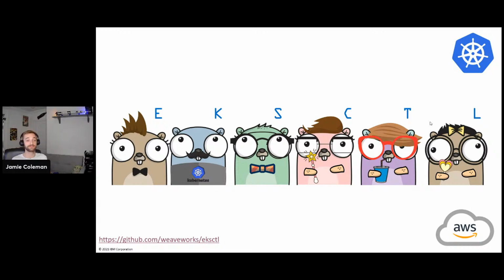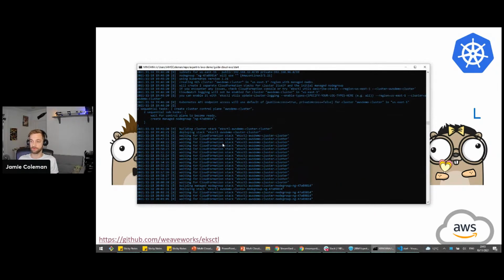So that's where this program comes in, EKSCTL. Basically what it does is abstract away all that really fine-grained level of setting up a Kubernetes cluster on AWS and makes it really simple for a user like me just to get started and get something simple going. So what I've done is I've used this in the background, so you can see my terminal here.